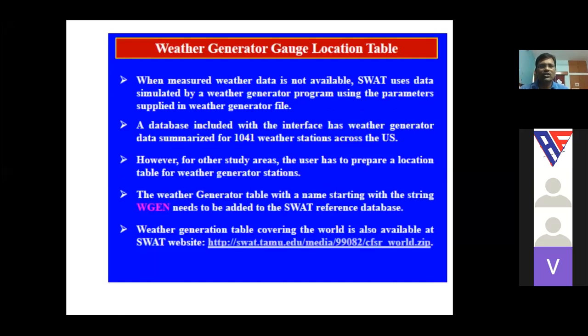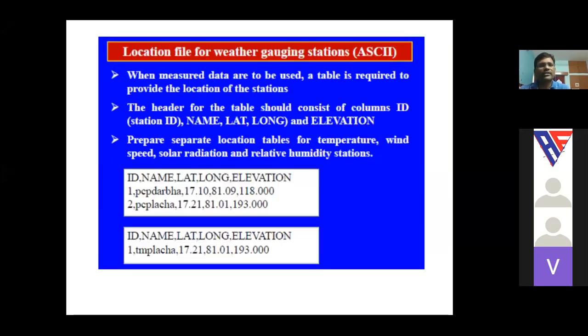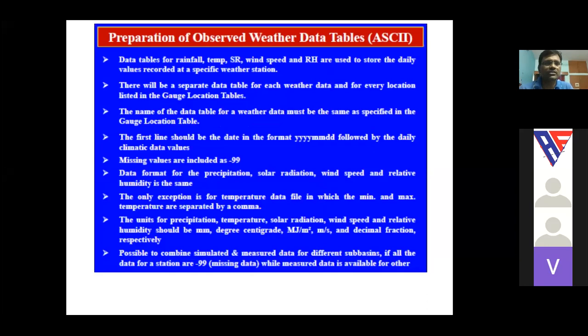I will show you how, based on the weather generator, we can estimate the different statistics which we require for creating the SWAT database file. So these are the important things which we need to specify in the SWAT input database file. That also I will show you during the demonstration.